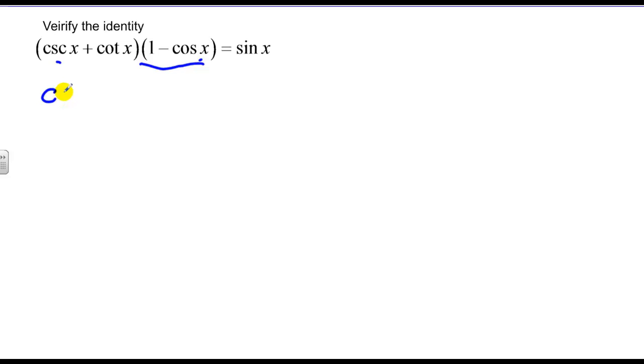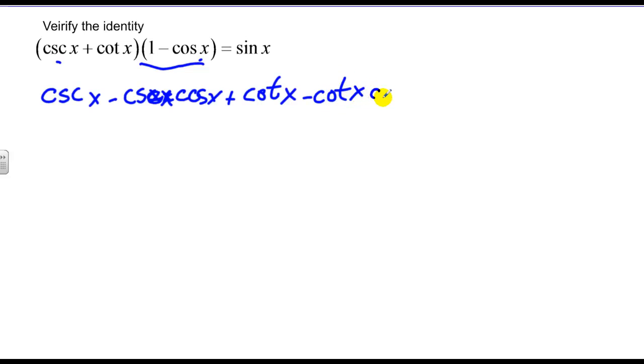I have cosecant of x minus cosecant of x cosine of x plus cotangent of x minus cotan of x cosine of x. And all of this is supposed to equal sine of x. So let's go through and start changing things now.